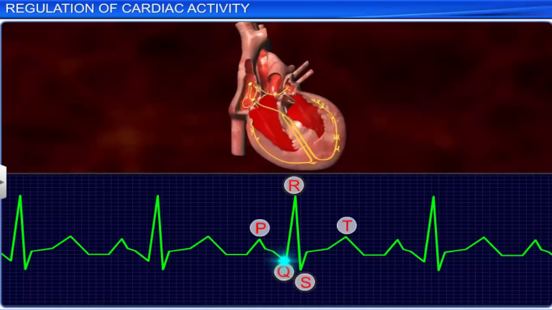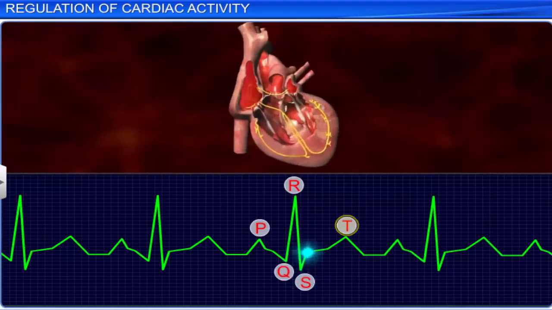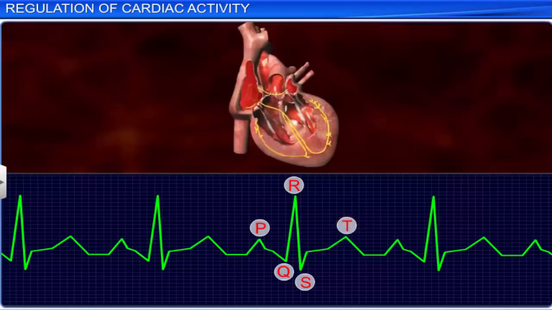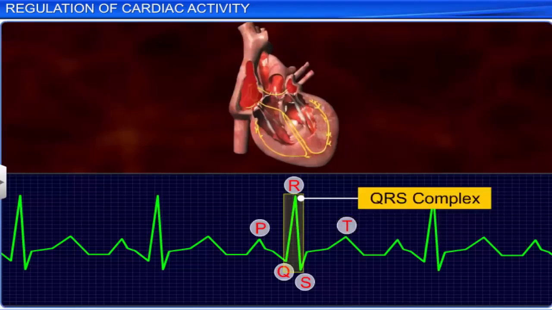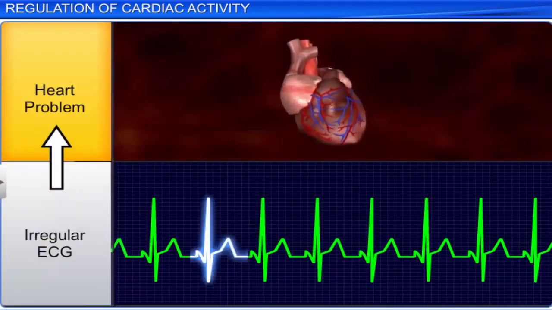It is followed by the QRS wave, which corresponds to the contraction or depolarization of the ventricles, that is, the ventricular systole. The final T wave corresponds to the relaxation of the ventricles to the normal state, or repolarization, and the end of the systole. The number of QRS complexes equals the number of heartbeats. Hence, any deviation from the standard ECG signals a problem relating to the heart.